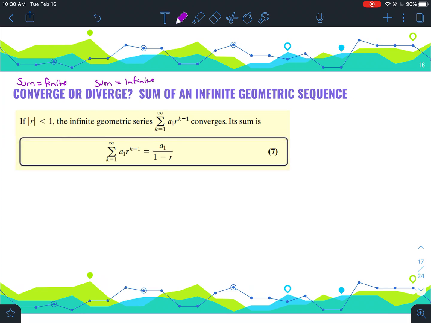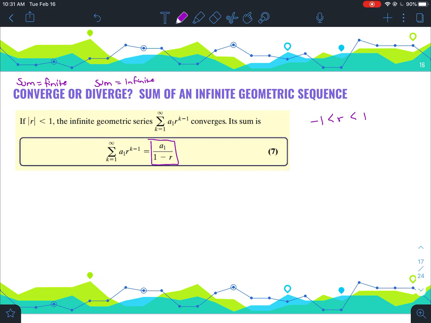So for a geometric series to converge, the common ratio needs to be somewhere in between -1 and +1. So if your common ratio is somewhere in between -1 and +1, then the geometric series, when you find its sum, would converge. And its sum would be you take the first term divided by 1 minus the common ratio.